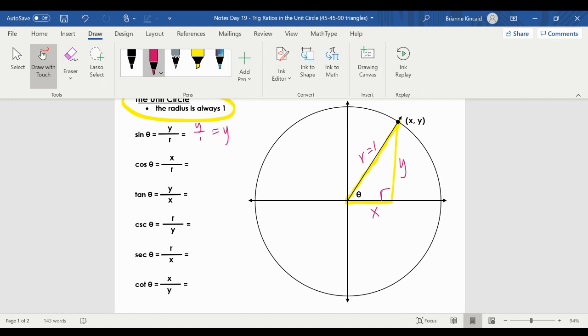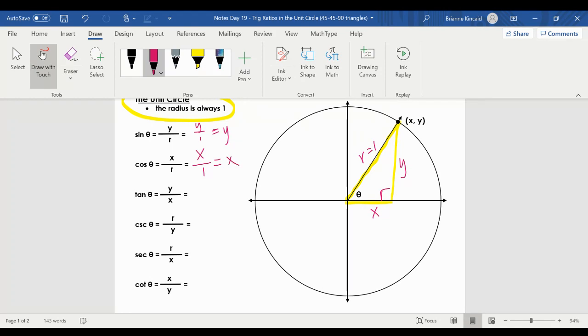Like I said, when you focus more on the unit circle, you're just going to know that the sine is always the y value. Cosine, it's going to be the same idea. It's going to be x over 1 or just x.